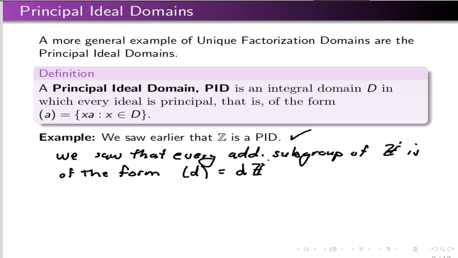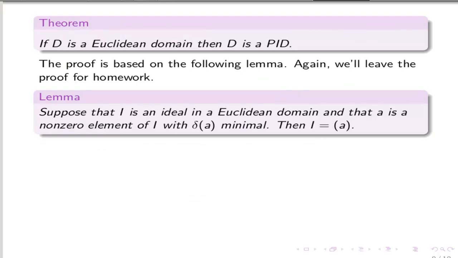And ideals are in particular additive subgroups. So every ideal in the set of integers is of this form. Theorem: if D is a Euclidean domain, then D is a principal ideal domain.